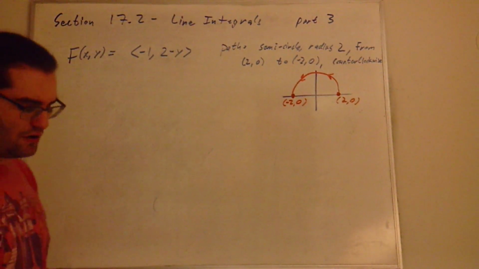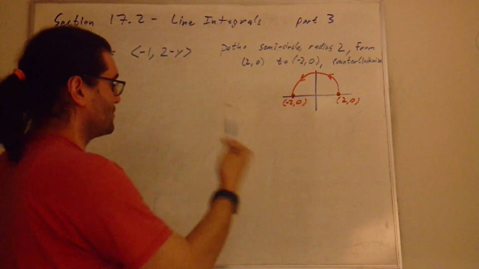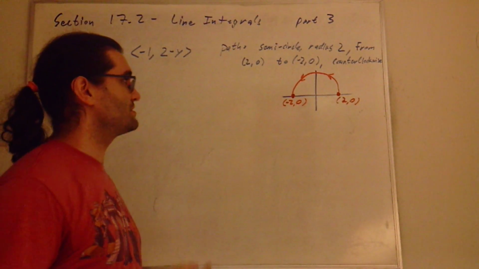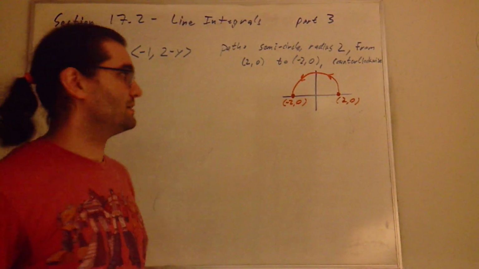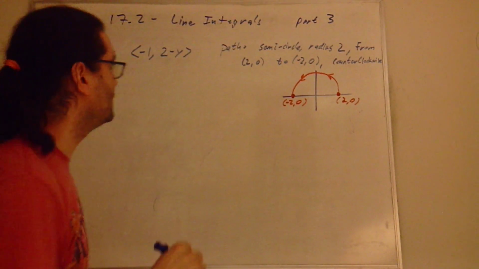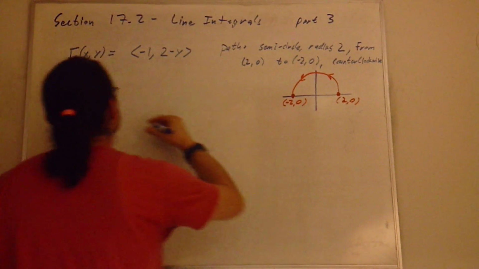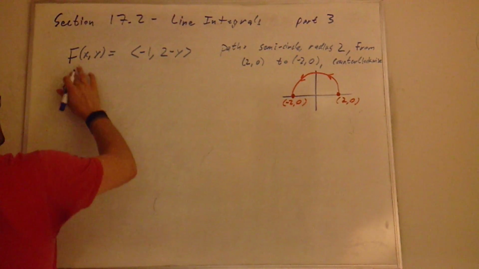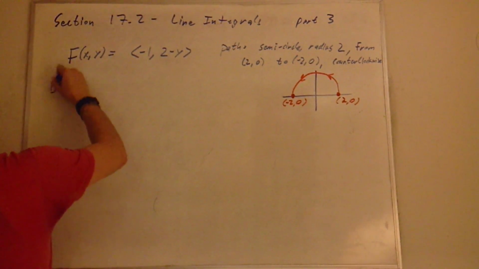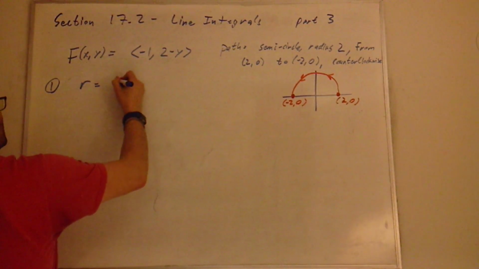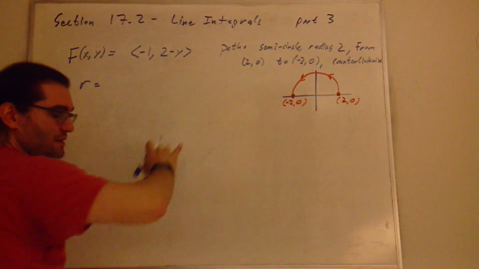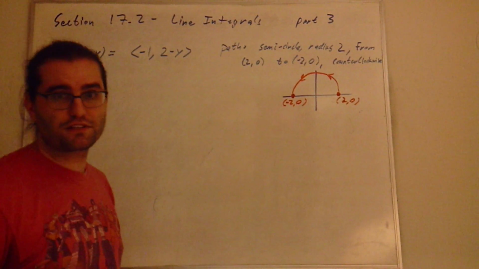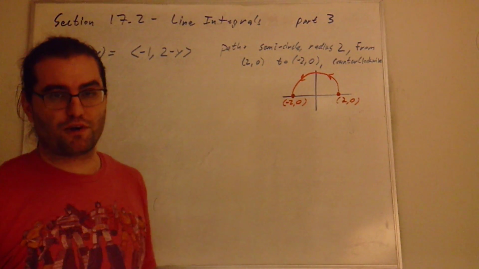So hopefully we can already recognize that this is very much like a unit circle, but twice as large, and we're only going halfway around. The parameterization of the unit circle would be r is cosine t, sine t. You use cosines for x's, sines for y's. That's the standard parameterization of the unit circle.